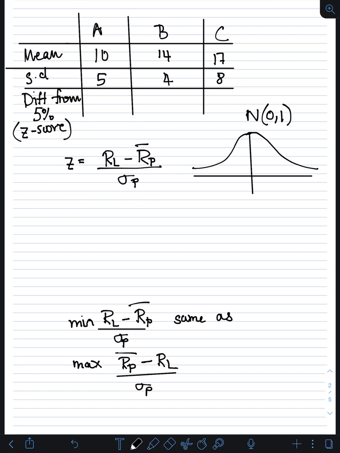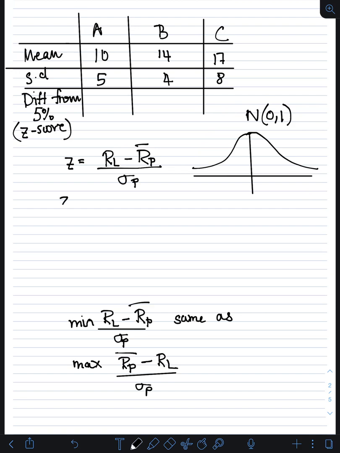If you remember from your business stats class, the z-score is where we subtract the mean from some value and divide by the standard deviation of that distribution. We are trying to convert all our portfolios to the normal distribution that has a mean of 0 and a standard deviation of 1, and find how many standard deviations away from the mean we are. So let's calculate these values for A, B, and C.